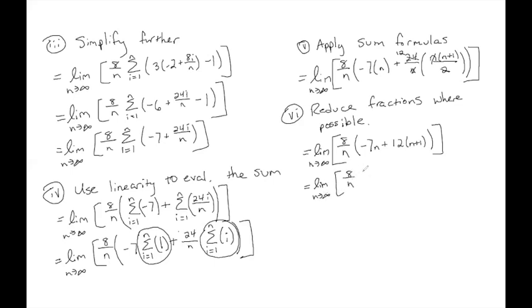Still have the 8 over n outside, still have my limit, still have my parentheses. I had a -7n and a positive 12n. So that corresponds to 5n. And I just had a plus 12 as well. Like this. Finally, distribute the 8 over n.